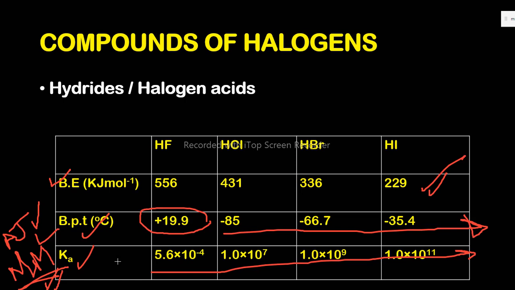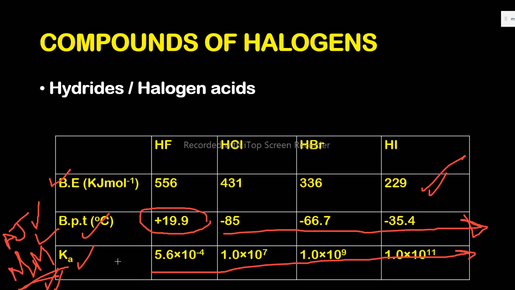The bond energy decreases down the group. This is because the atomic radius increases, which reduces the nuclear attraction for the bonding electrons.